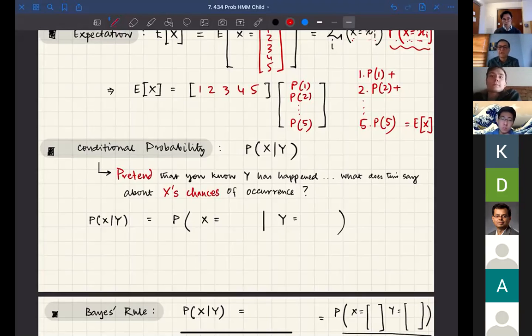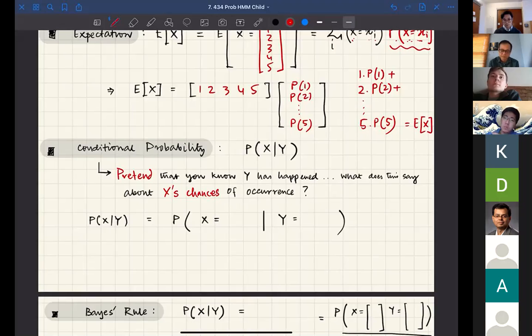P of x given y means someone tells you magically that y has happened. What does this tell you about x? You do not know whether y has happened. You just pretend it has happened. Many people get confused with conditional probability. And I think it helps to always think, I do not know whether y has happened, but say God has told me it has happened, then what can I say?